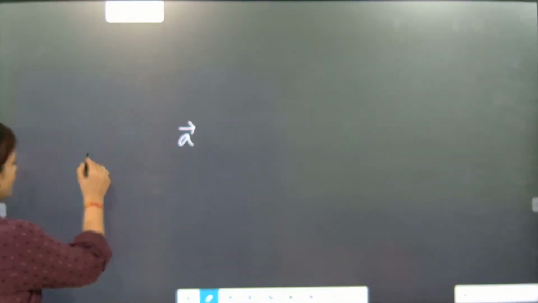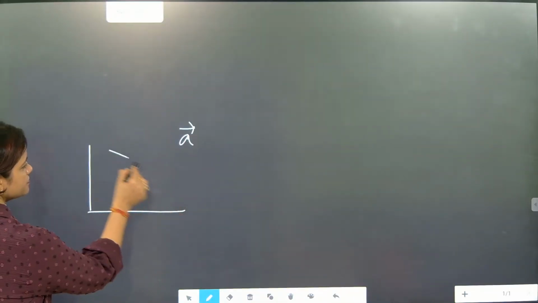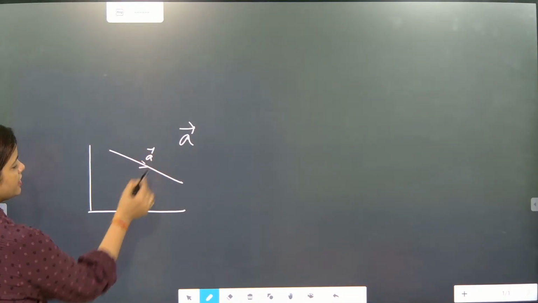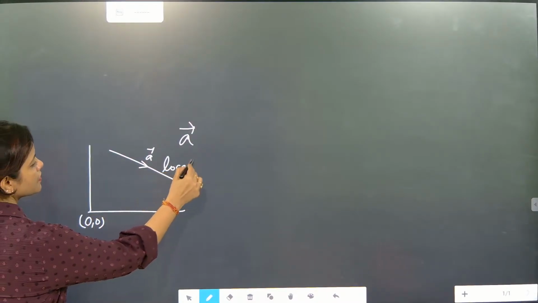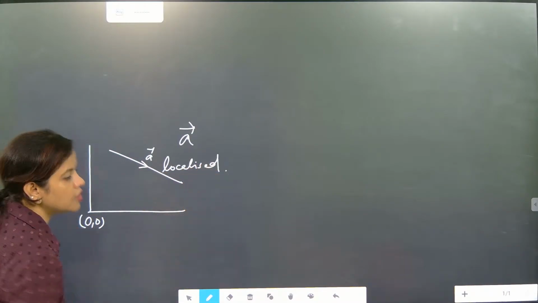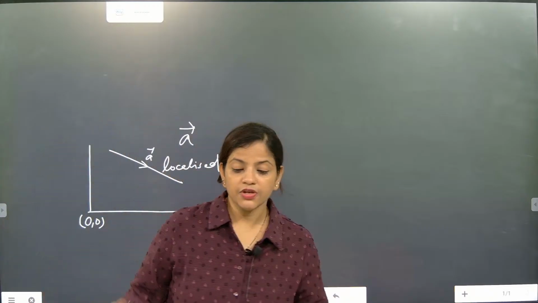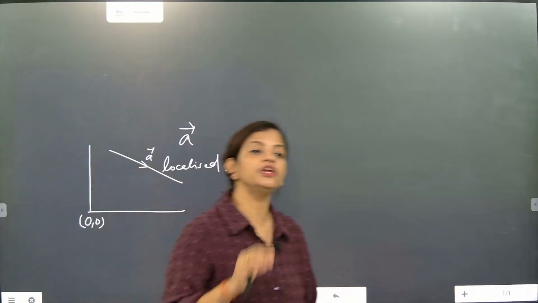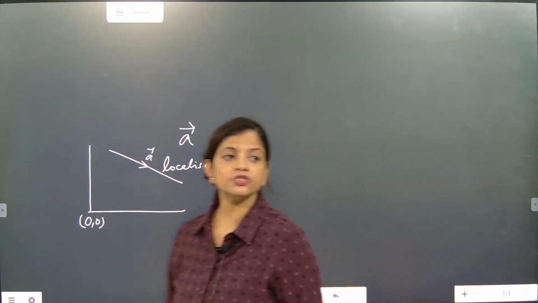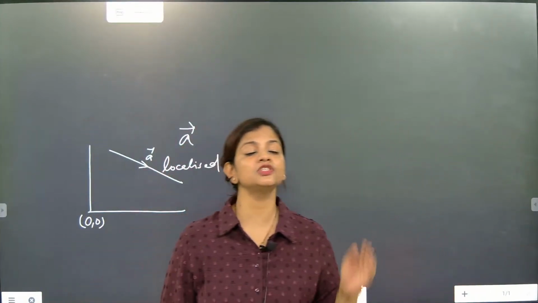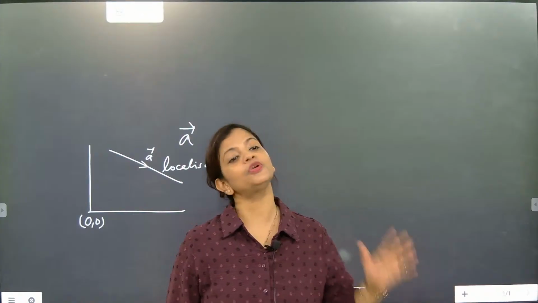But if I take a vector along with an origin, then it will become localized. For localization of a vector, you need an axis. Understood? You need an origin because you can find the distance of the vector from the origin.